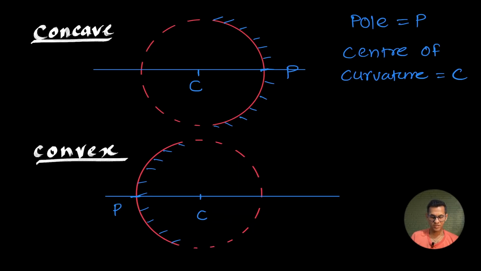If you look carefully, the distance between the point P and point C is also the radius of the sphere from which the mirror is made.